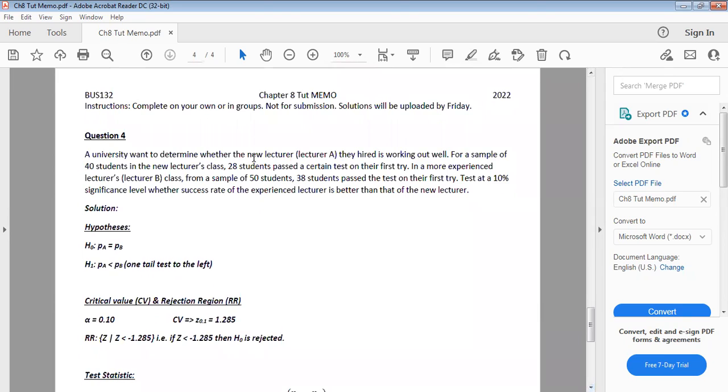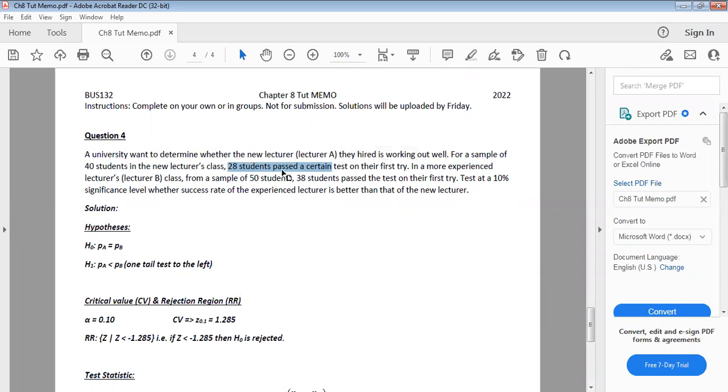So the last one is an investor wants to determine whether a new lecture that is hired is working out well. For a sample of 40 students, so that's your N, 28 students passed a certain test on their first trial. Okay.